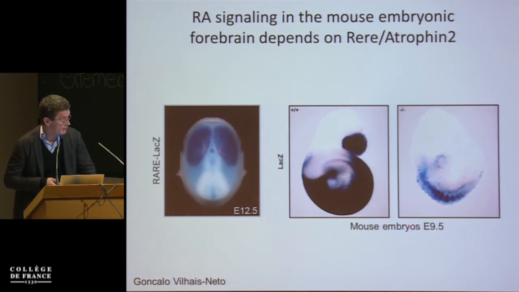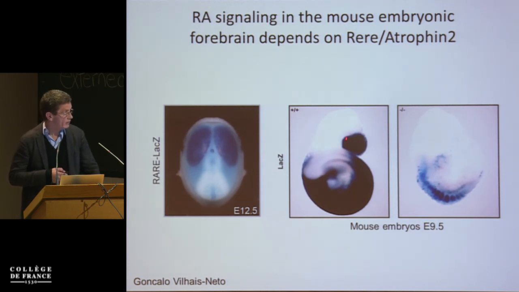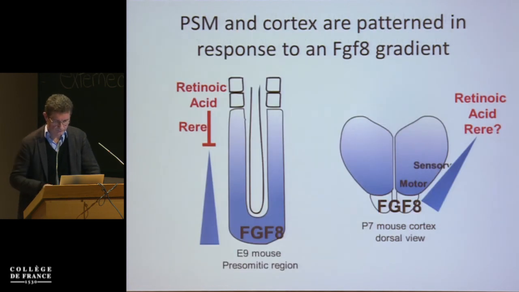What I showed you earlier but did not insist on is that if you look at these Re embryos crossed into the RARE-lacZ reporter, you see that there is normally strong expression of lacZ in the forebrain, which can also be seen here in the cortex at E12. But this is completely gone when you cross to the open mind background, which suggests that the Re-dependent retinoic acid pathway is active during forebrain development.